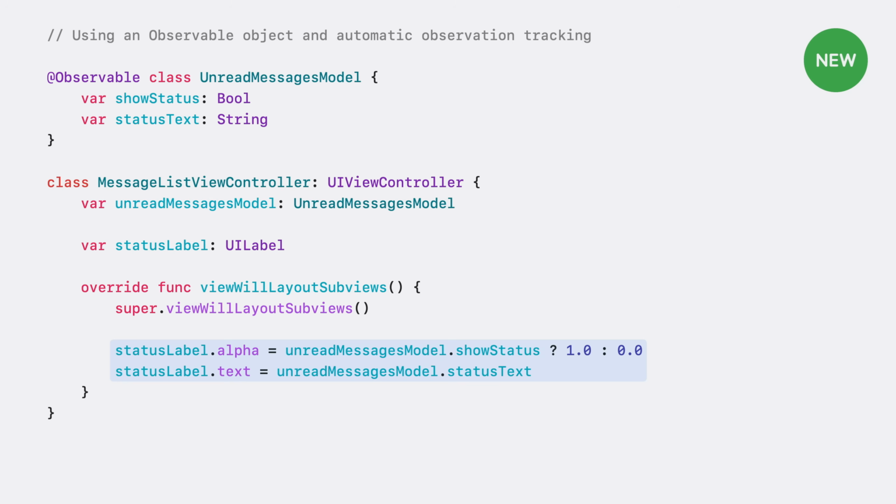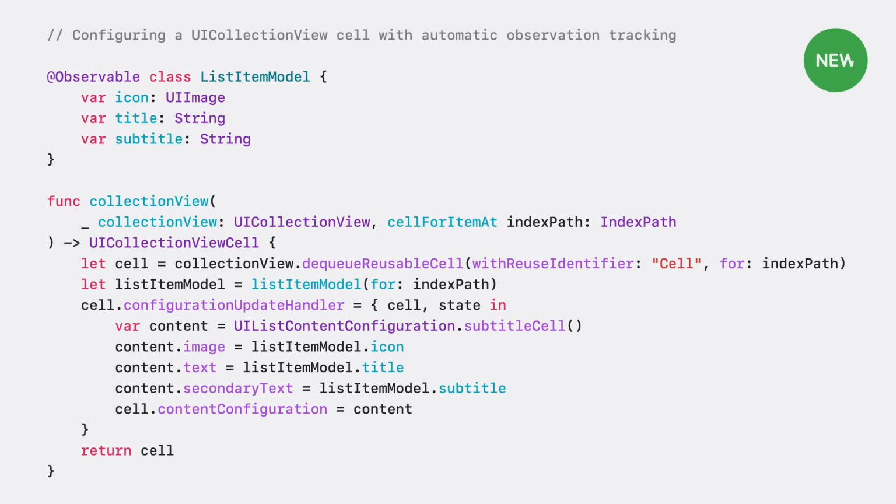Here is another example of using observable objects with UIKit, which highlights the benefits of automatic observation tracking when configuring cells in a UI collection view. I back each list cell with an observable list item model containing an icon, title, and subtitle. Inside of the cell provider callback, I dequeue a cell, grab its model, and assign a configuration update handler.